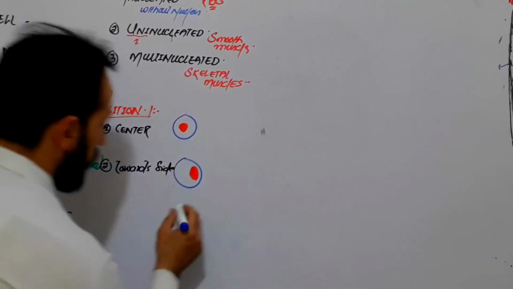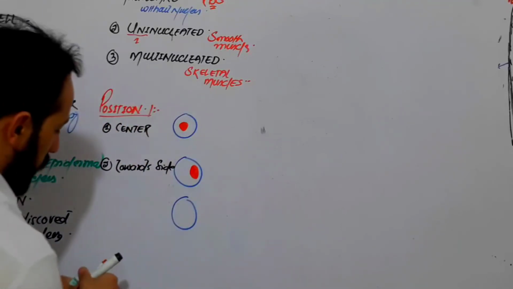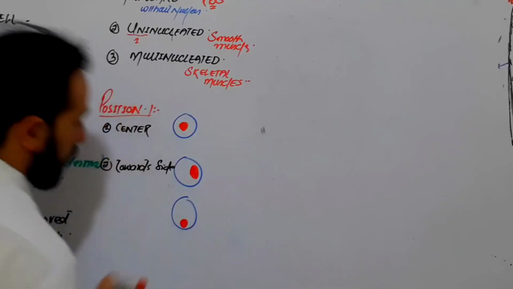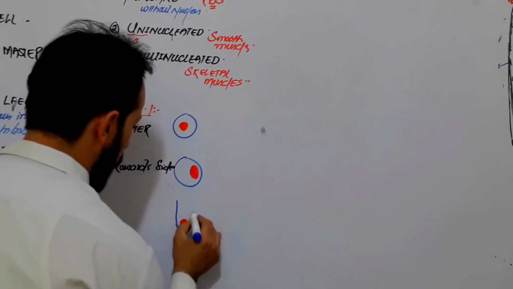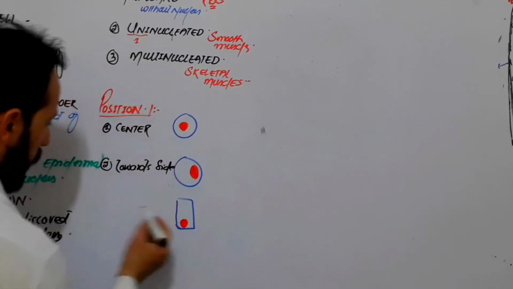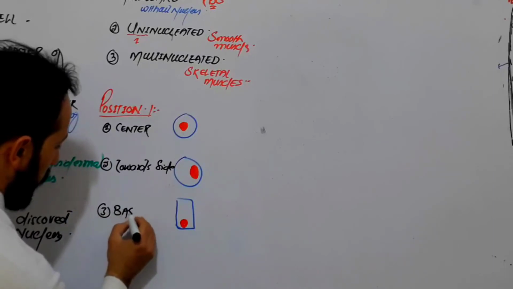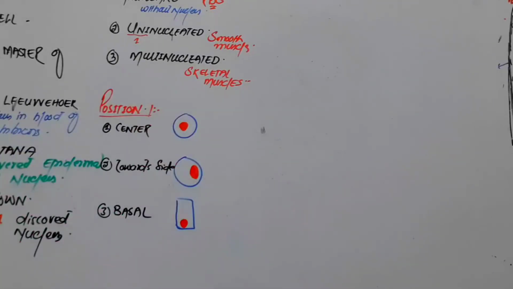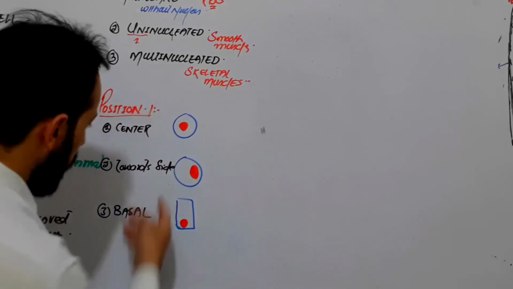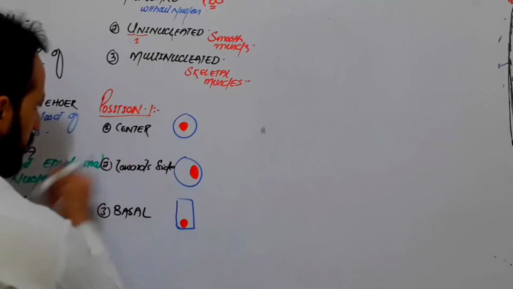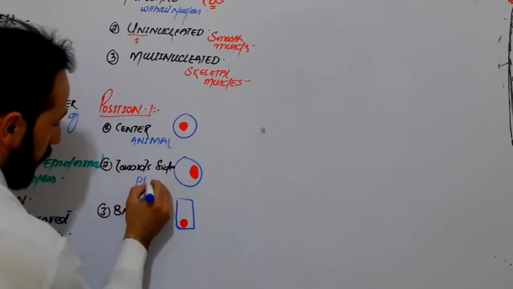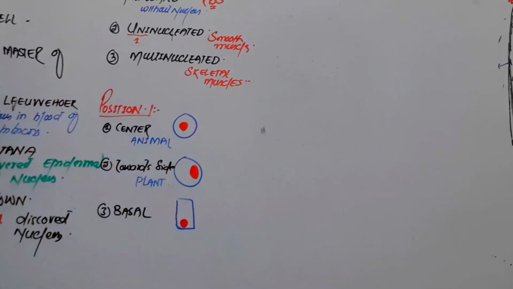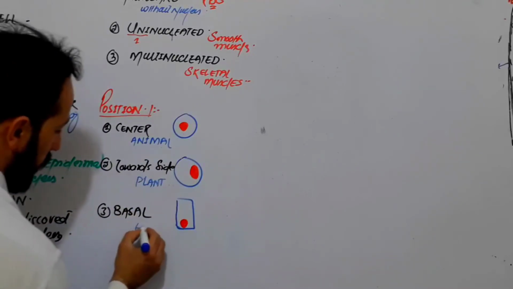And there are certain cells which possess their nucleus right in the base of the cell. We call it basal nuclei, right? An example of these are the columnar epithelial cells in our body. Here we have the animal cell, and here we have the plant cell, whose nucleus is a little bit away from the center.